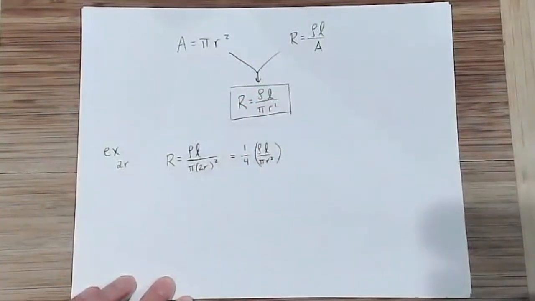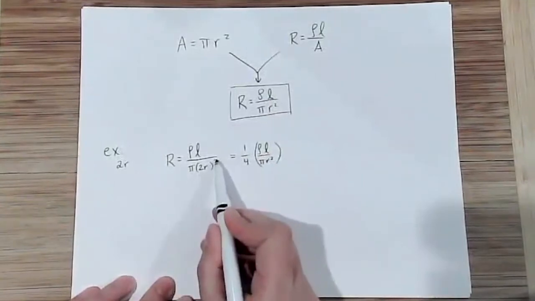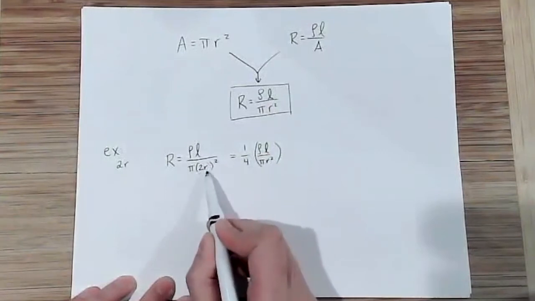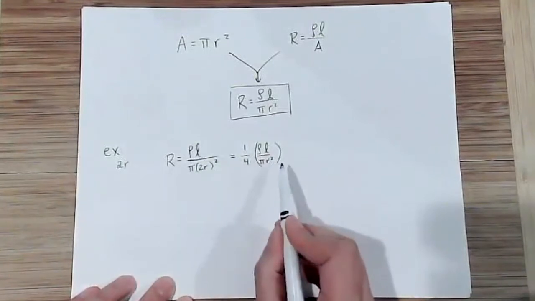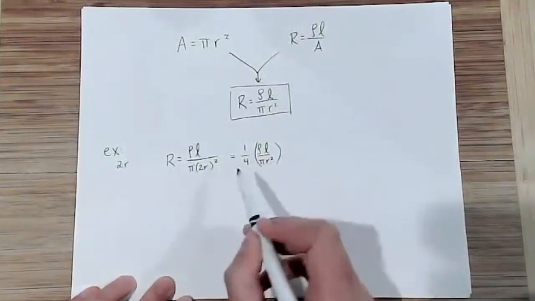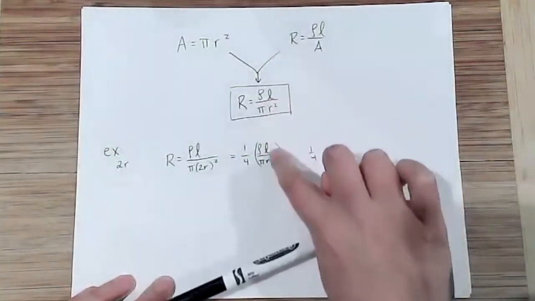Now notice what I'm doing here. I'm doing 2 squared, because that's the distributive property. It's actually 2 squared r squared. That leaves a 4 in the denominator and no changes in the numerator. So sorting this out, this reads 1/4 of the original resistance.